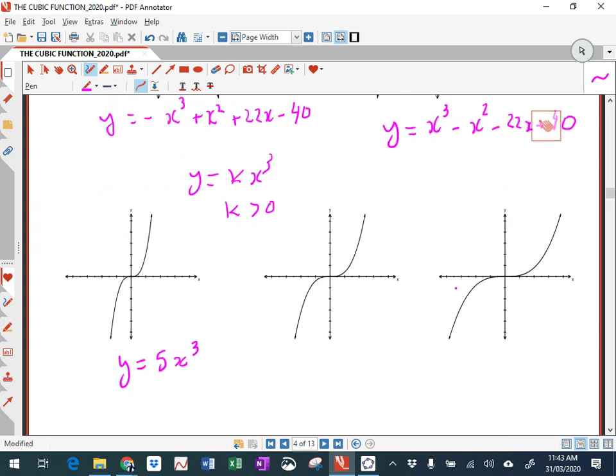So y equals 0.25x cubed. And that means this one must be y equals x cubed. Yep. Okay, so this one here must be y equals x cubed. All right, there we go.